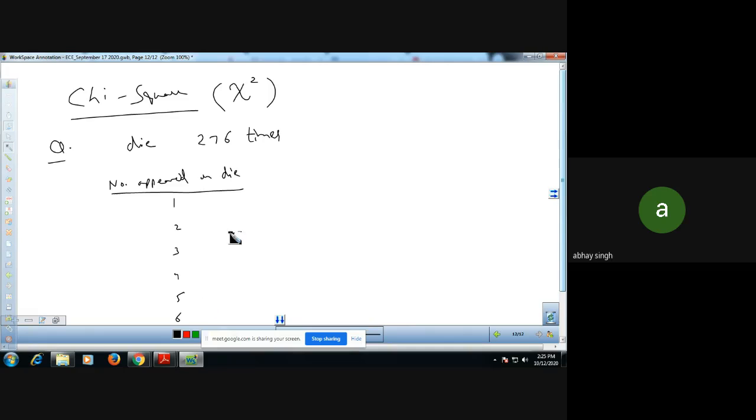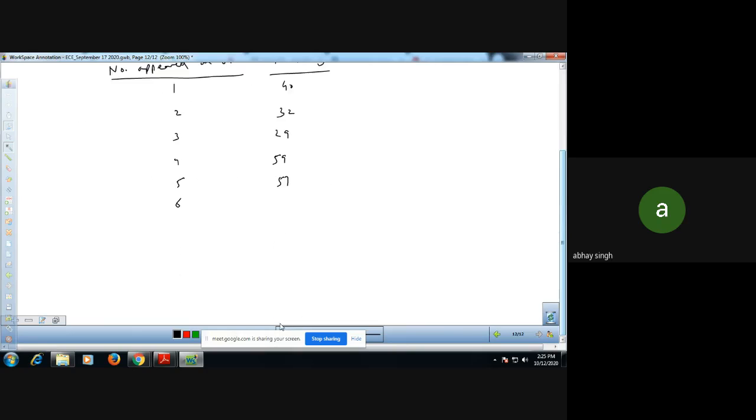There are 6 possibilities, and its frequency. Frequency is the number 1 comes 40 times, and number 2 comes 32 times, number 3 comes 29 times, 59, 57, and the last one is again 59. This is given to us.